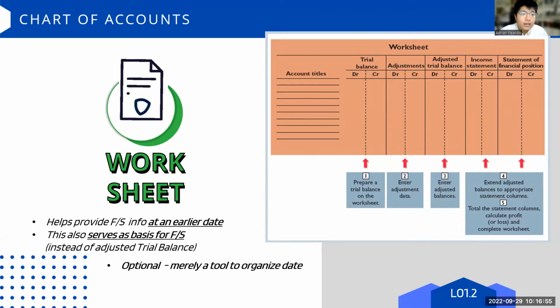What's required is our adjusted trial balance, but it would be nice if it would be in the form of a worksheet. So I'm not sure if you're familiar, but usually, when I was preparing for BA 99.1 back in college, the very first thing that I bought was this columnar pad, that yellow sheet with so many lines. And it was so big, bigger than a yellow pad.